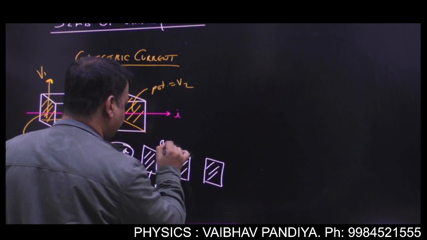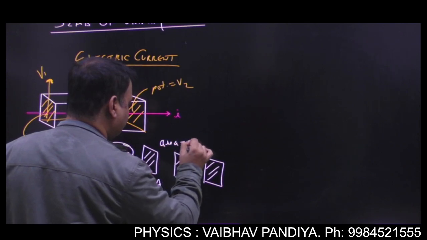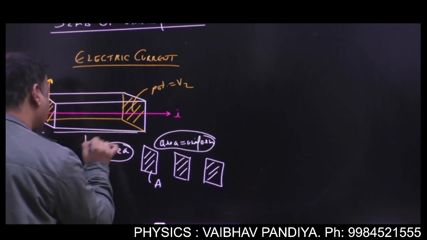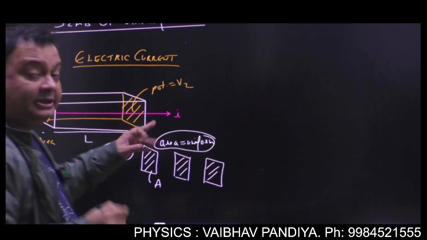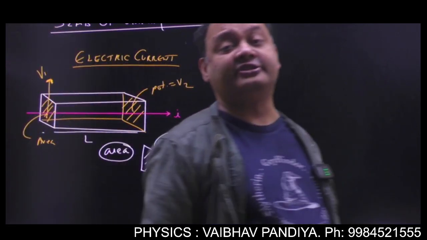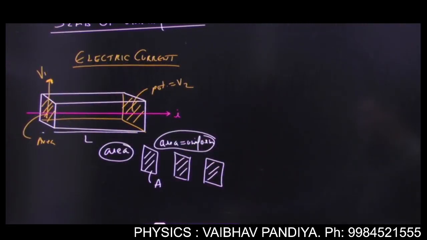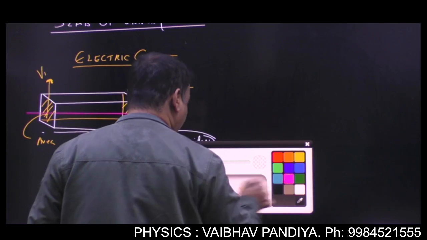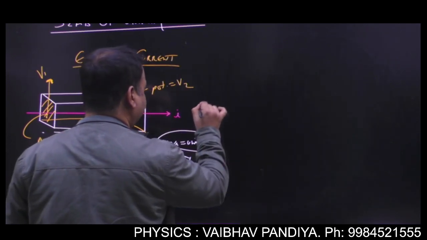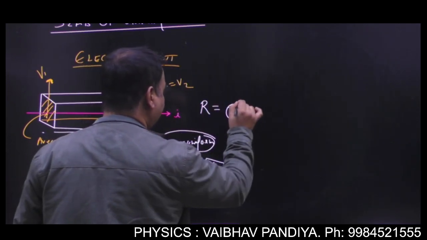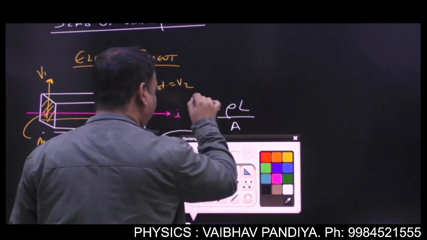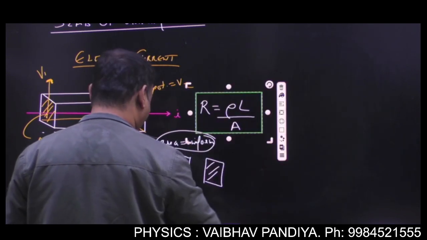So your area is uniform, okay, and say the length is L. So the length traveled by the current between the two surfaces of potential difference is L. So we have seen in electricity the resistance of this object is rho L divided by A. This is the formula for the electrical resistance of this object.